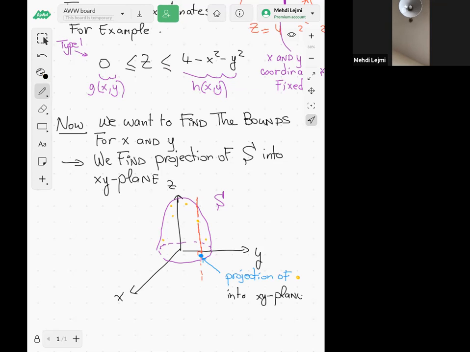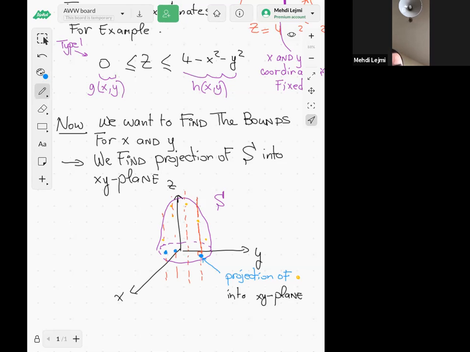Okay. Now, if you do the same thing for all the points belonging to S, like this one here, you do the same. This one here, you do the same. Here, the same. So then you take the set of all the projections. So like this, you're gonna get this projection here.